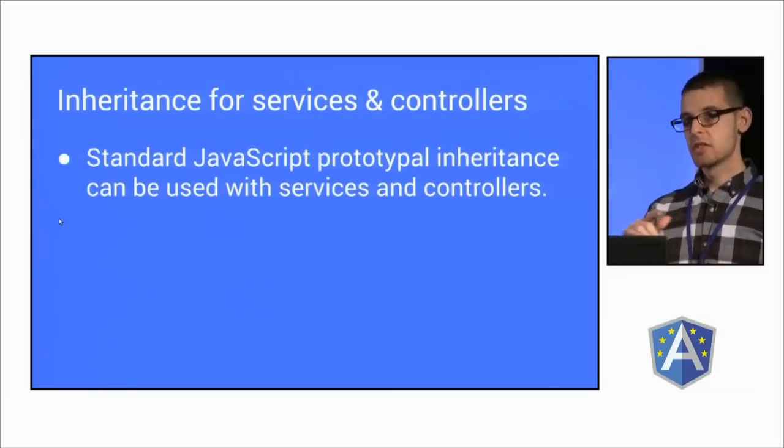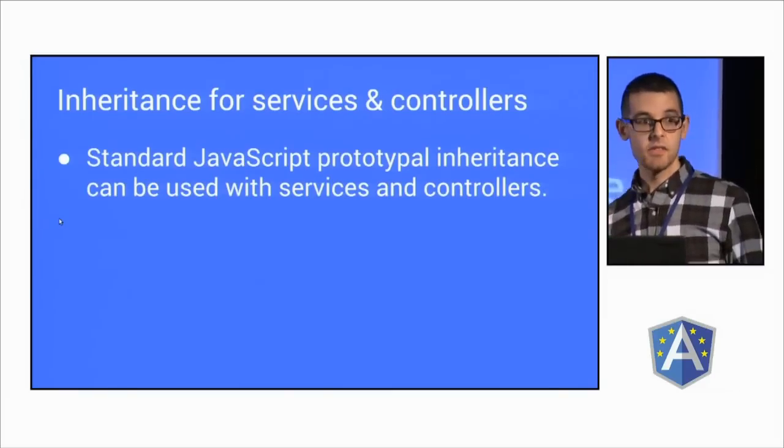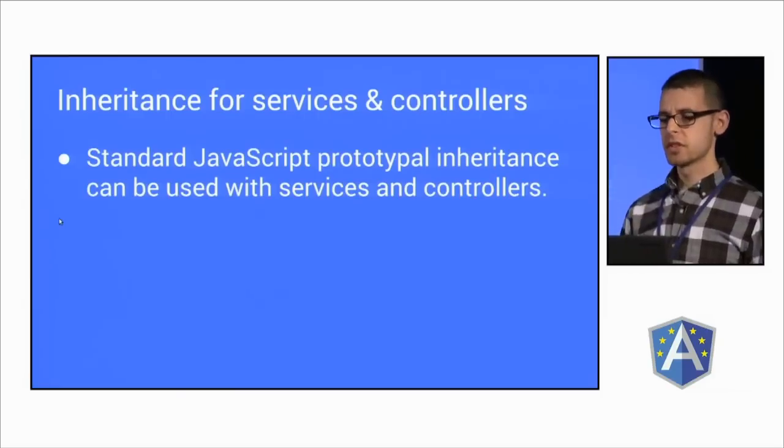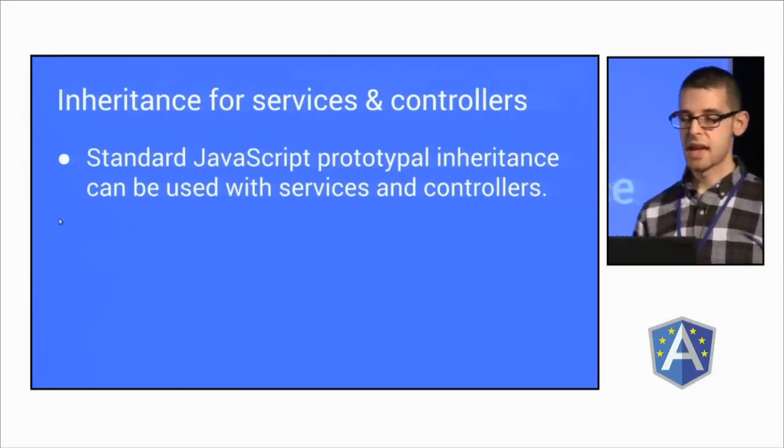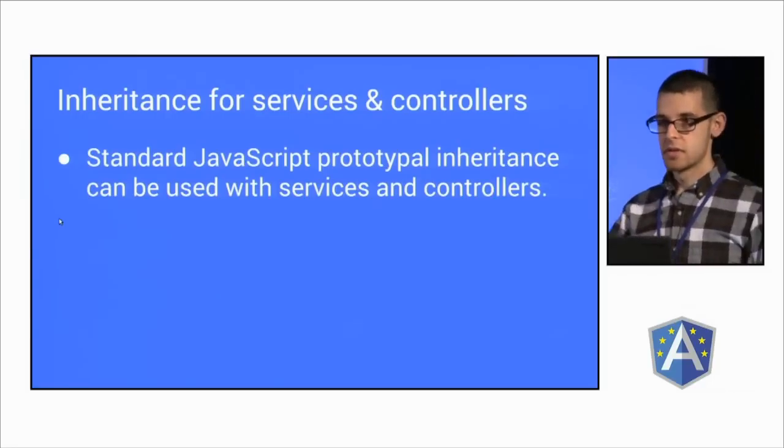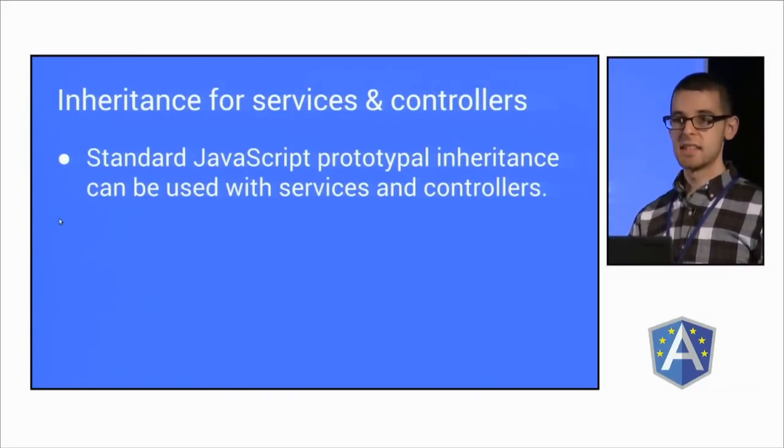But then each of the two applications that are using it have their own custom validation rules that only really apply within that application. And so they use inheritance to extend that core, that base service and add their own functionality on top of it.